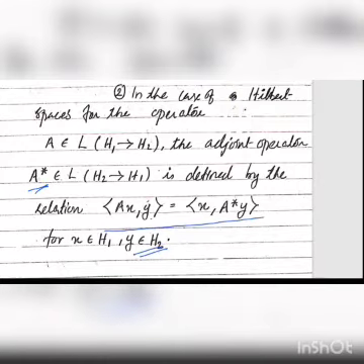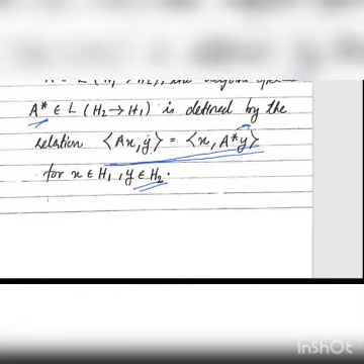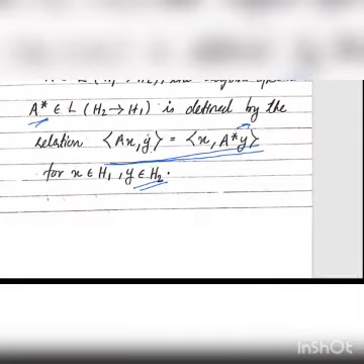So remember this: (Ax, y) is equal to (x, A star y), and here A star in case of Hilbert spaces we will say is the adjoint operator. Okay, with this I am closing today's session. Thank you for your patient listening. Thank you.